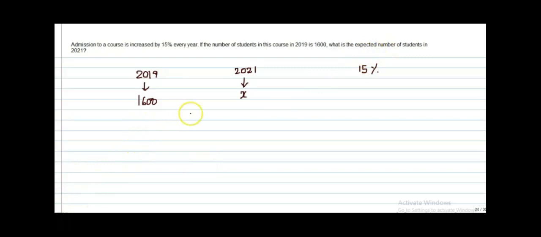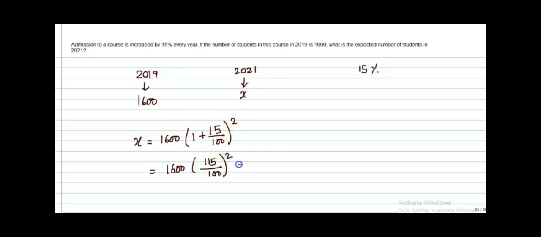So, here we are going to have x is equal to 1600 into 1 plus 15% is the increment, so 15 by 100 to the power of 2. Growth and depreciation question. So it's going to be 1600 into 115 by 100 whole square, or 1600 into 115 by 100 into 115 by 100.